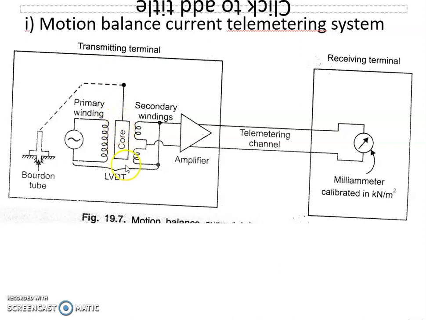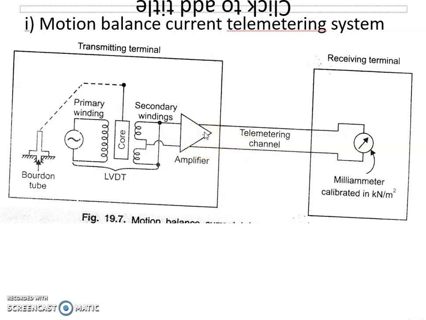As the core of the LVDT is displaced, the net output voltage across the secondary winding changes. So this change in the output voltage across the secondary is amplified by means of an amplifier, and that amplified AC signal is converted into DC signal by means of a rectifier.